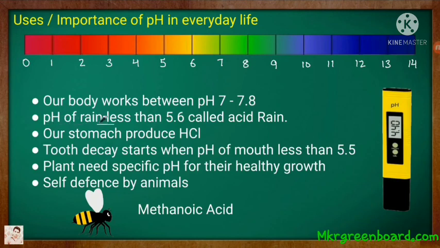Second use: rain with pH less than 5.6 is called acid rain.